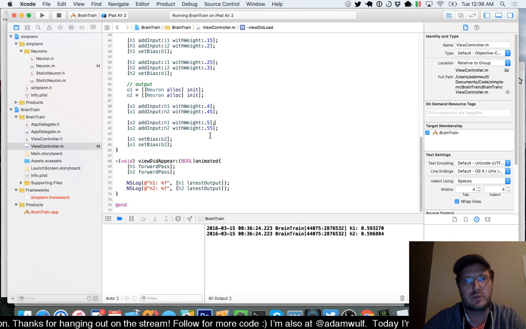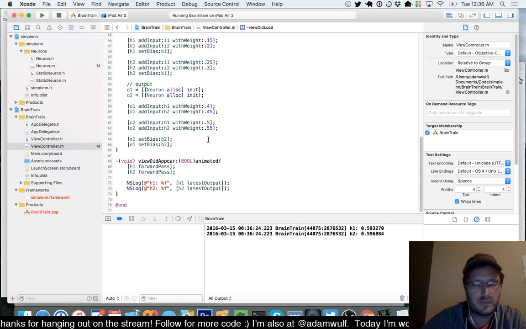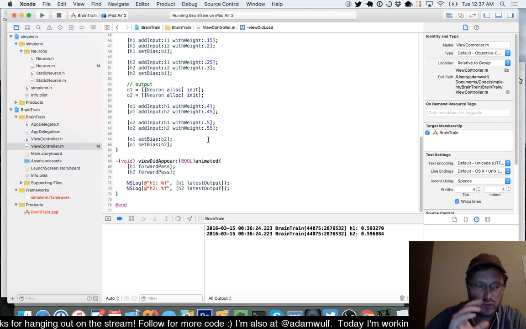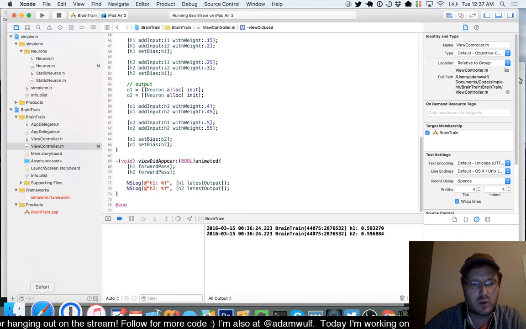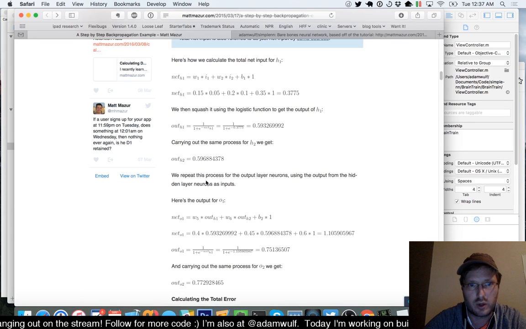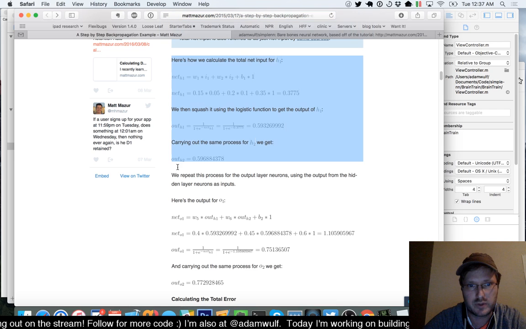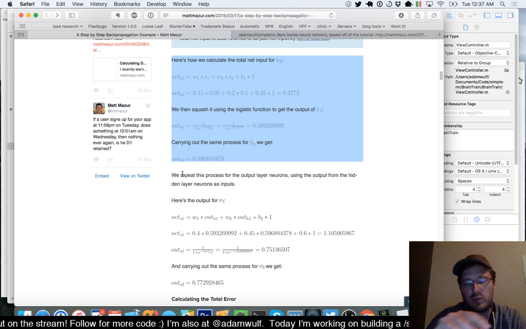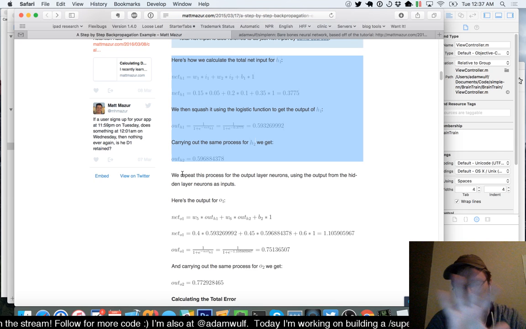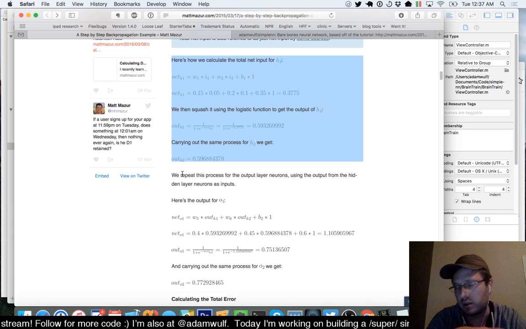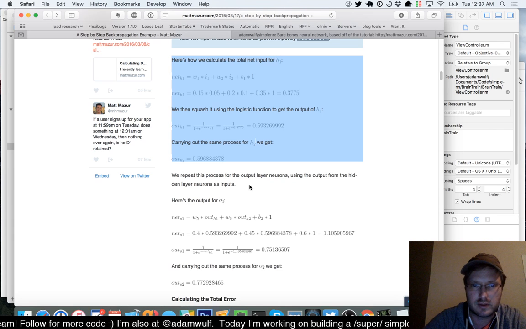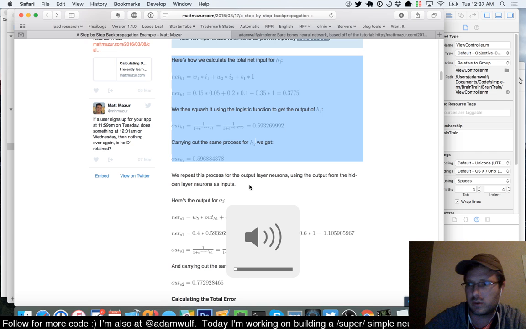So my goal today is to make just the simplest network possible. We just finished this, and once we have the simplest version, we can start playing with it and poking at it to see what we're doing.